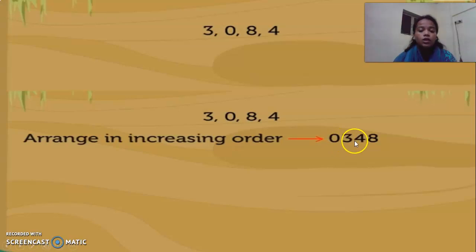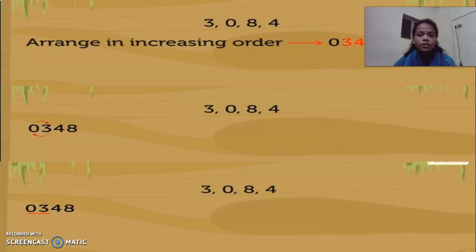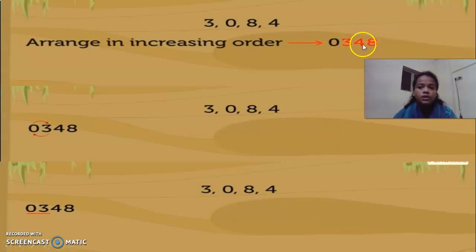Now here, to form the smallest number, we arrange it as 0, 3, 4, 8. But this number is 3-digit number, isn't it? Therefore, we interchange the position of first 2 digits, that is 0 and 3, to get the smallest number.